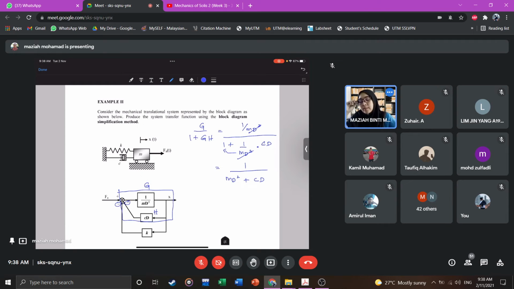Right. So after you combine the first parallel block, it will become 1 over MD square plus CD. Okay, and then there is still a feedback loop for the K there.